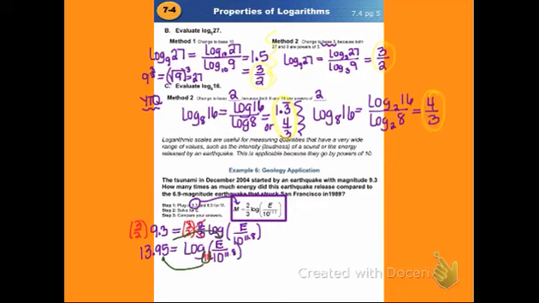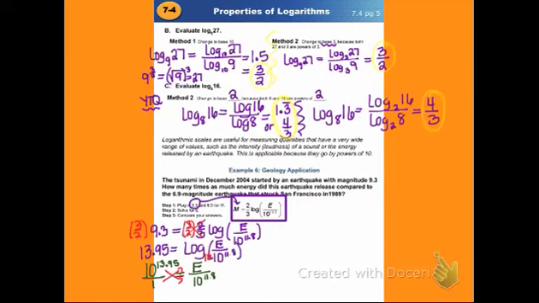So 10 to the 13.95 power is equal to E, which is the energy, over 10 to the 11.8 power. Now all I have to do is put this 10 to the 13.95 power over 1, and we've got a proportion, and we can solve that using the cross products.